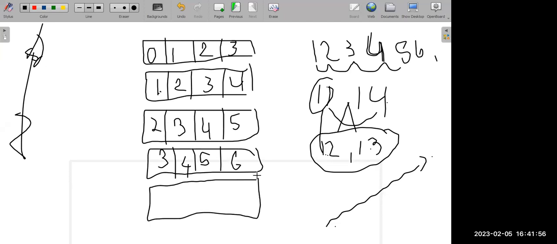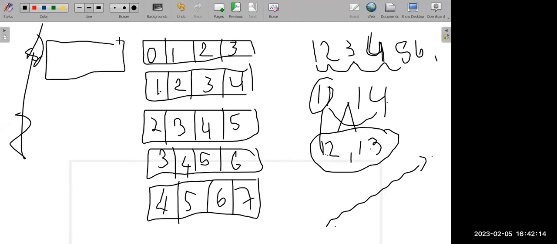Then we move forward. With which number are we going to start, guys? 4. Okay, 4, 5, 6, and 7. The next one, 5, 6, 7, 8.